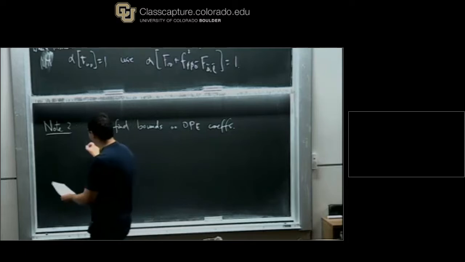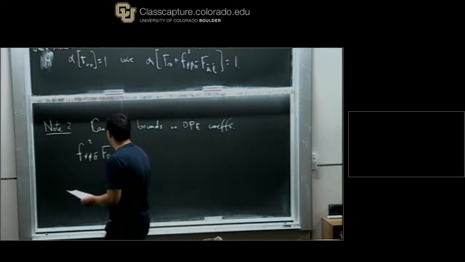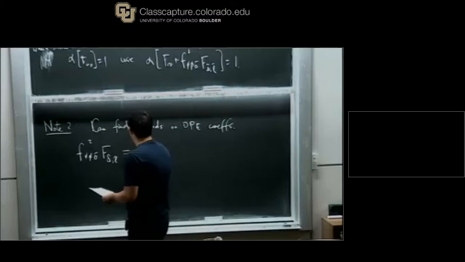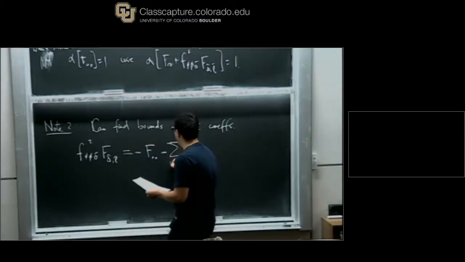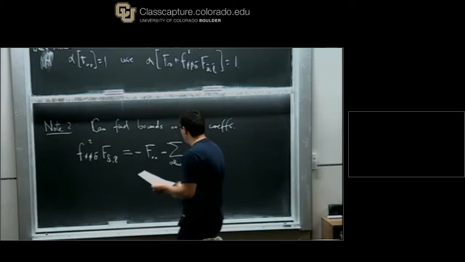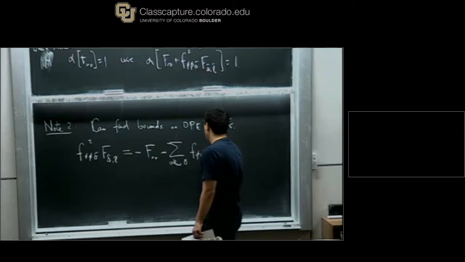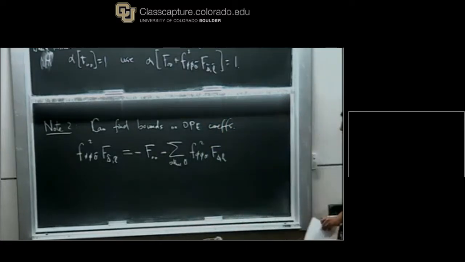So let's just write that term first, f phi phi O tilde squared f delta tilde L tilde, and let's put everybody else on the right hand side: minus f 0, 0 minus the sum over the other primary operators, f phi phi O squared f delta L. So this equation is true.